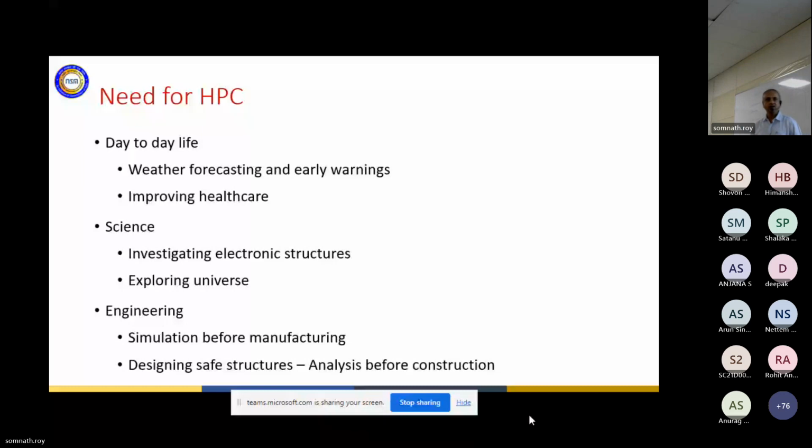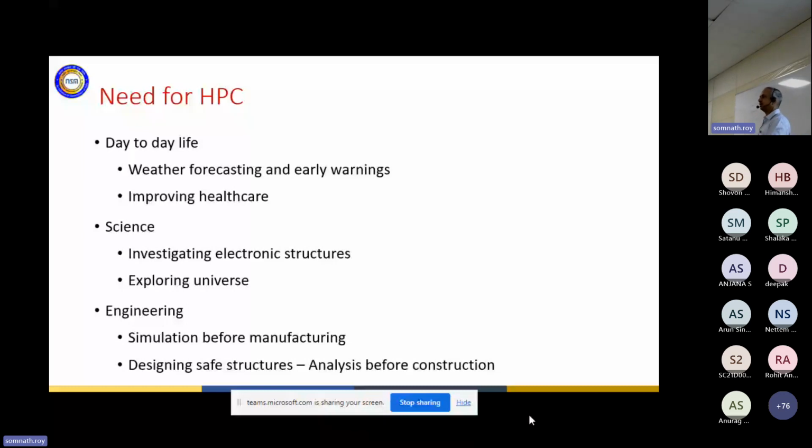Then in science, we use them for developing new electronic structures. We have people from material science who are extensively using computers to design new materials based on the properties that the molecules have. Then just now Professor mentioned the simulation of the entire universe.